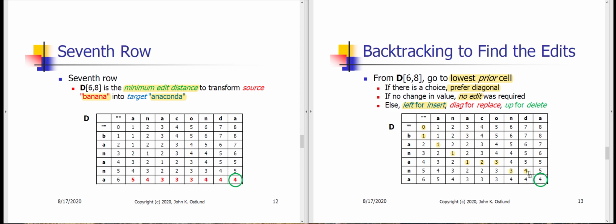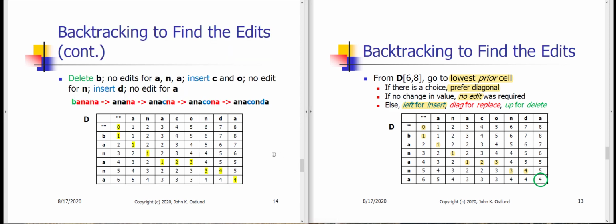We could have gone to the left or diagonally in a couple of cases. But once we get over to this 1 here, we're sort of out of choices. We have to just follow the 1 up, and then we have one final upward motion, which is a deletion to get us to the upper left corner. And let's see what editing that implies.